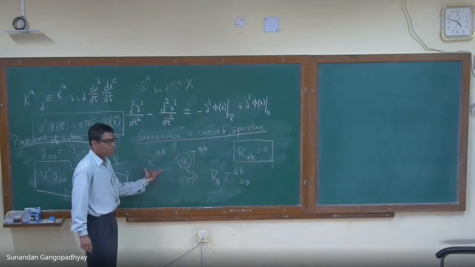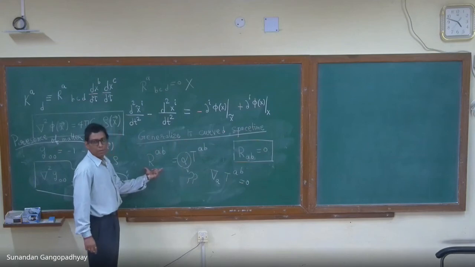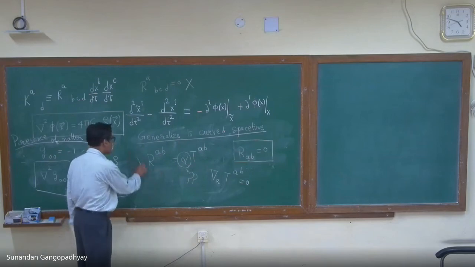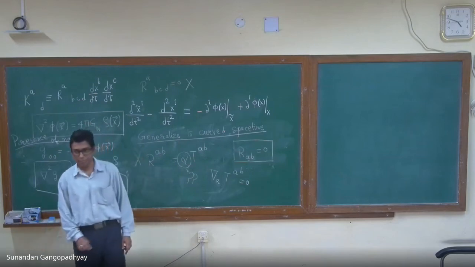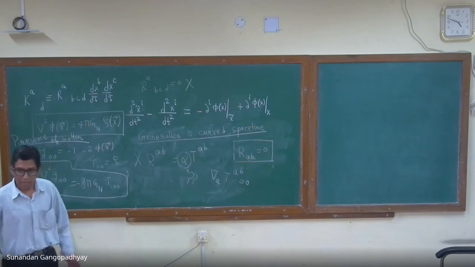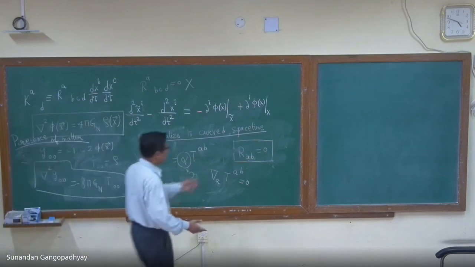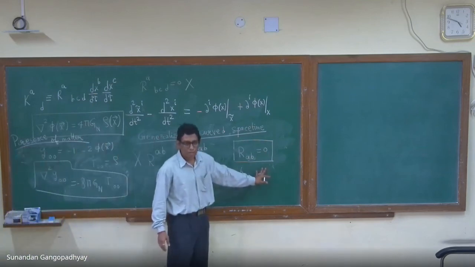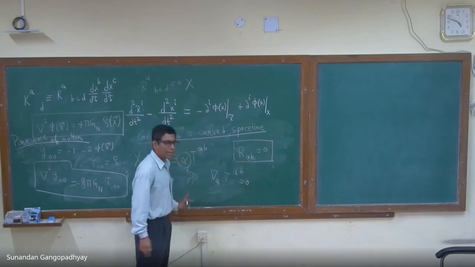But it turns out that the covariant derivative of the Ricci tensor is not 0. So this equation is not valid. Earlier we were sort of lucky. We got this equation, but this time we are not that lucky.